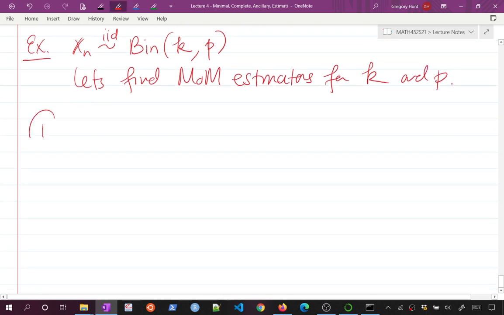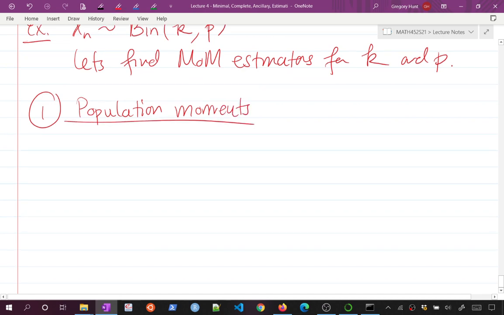So how do I do this? Step 1, population moments. If I had a random variable x which was binomial k, p, then mu1, which is the expected value of x, should be kp.